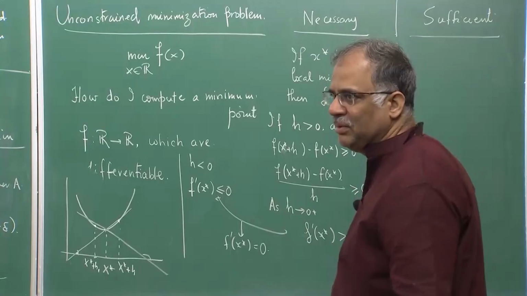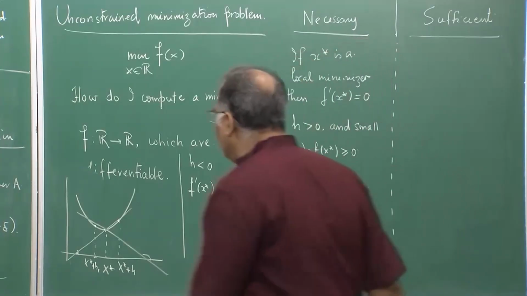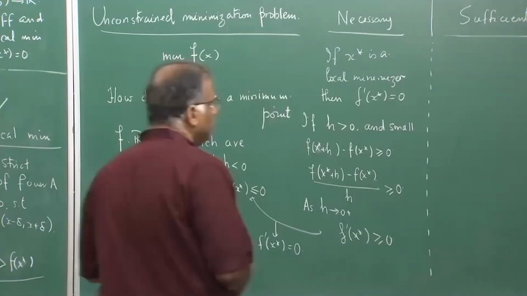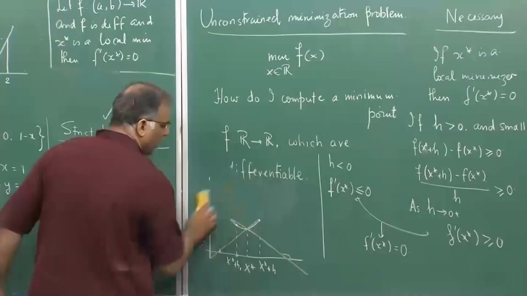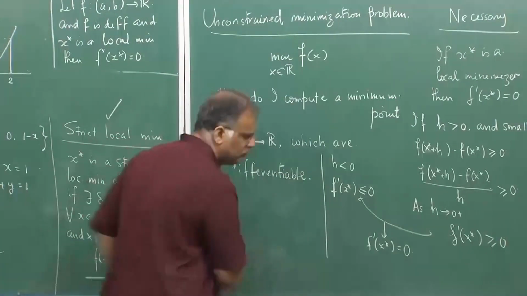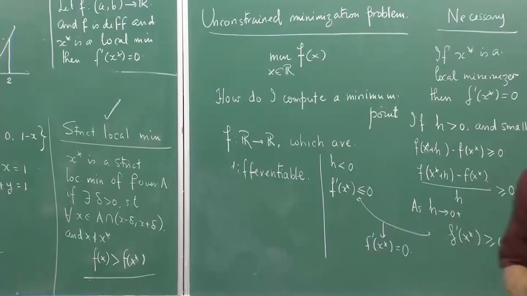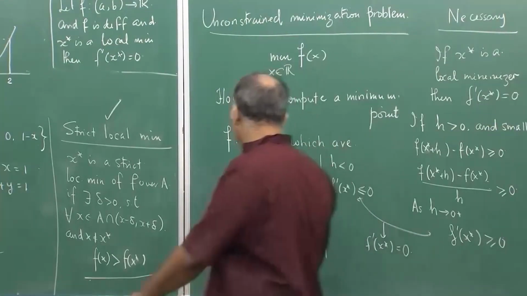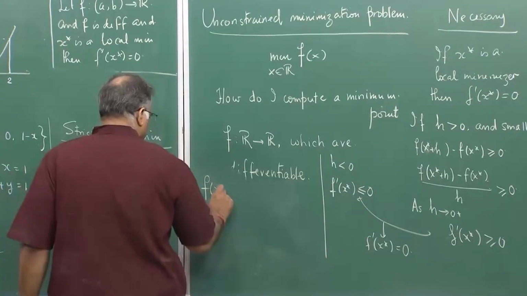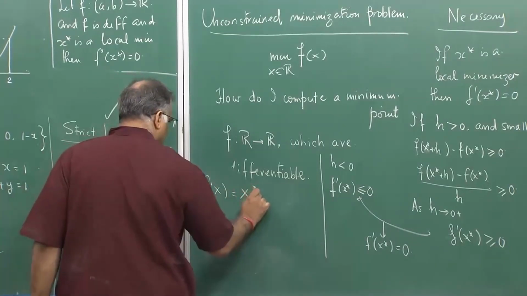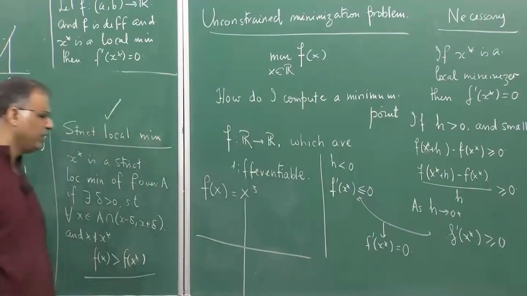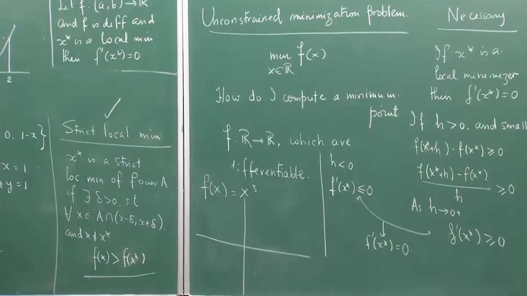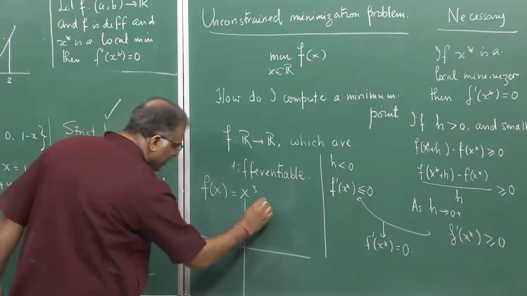whether that is a maximum or a minimum. For example, if I take the function f x equal to x cube, and I draw the graph of this, that I had been advising from the very beginning, or rather advocating, that you should try to draw graphs of functions, because that makes their nature very clear.